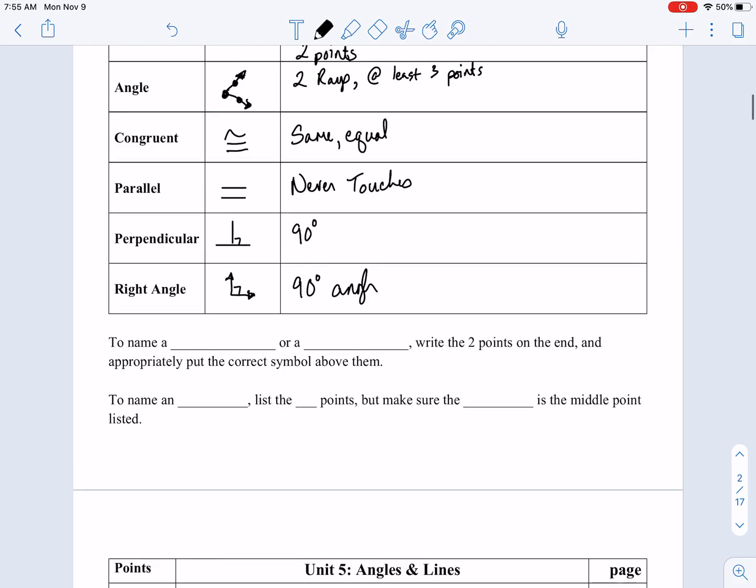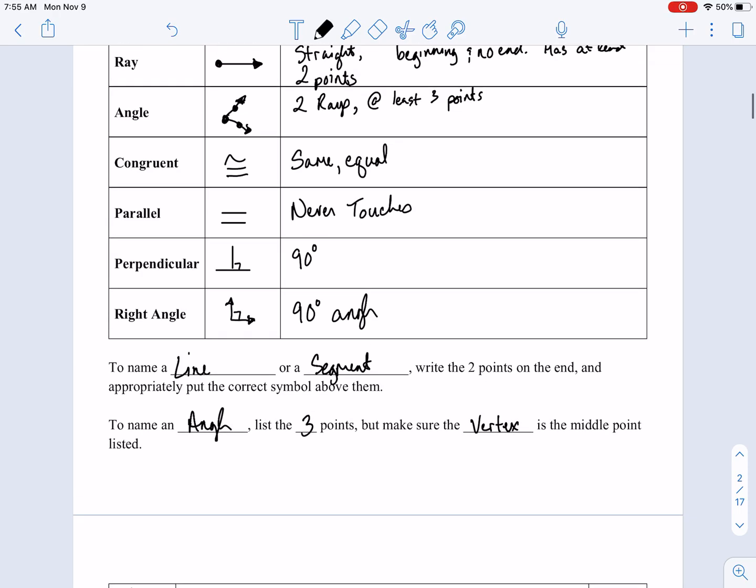So to name either a line or a segment, write the 2 points on the end and then put the symbol above them. To name a ray or an angle, list your 3 points, make sure the vertex is the middle point.